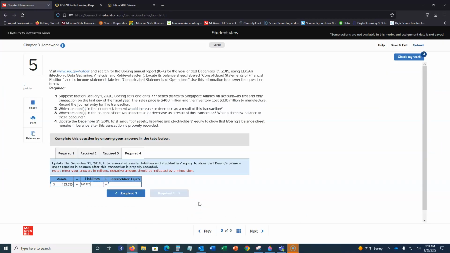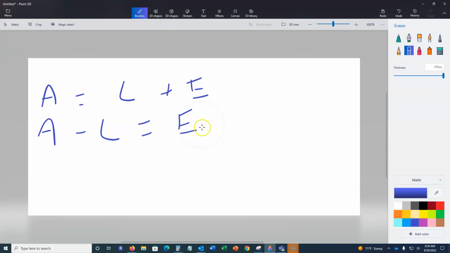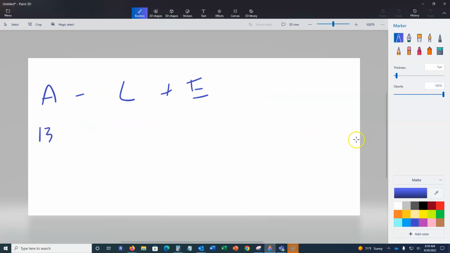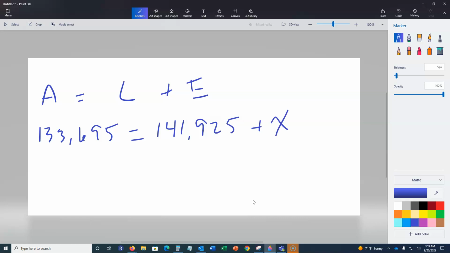We've got 141,925. So what we've got right now is this top equation. So we know that 133,695 equals 141,925 plus x, right? So how do we solve for this?